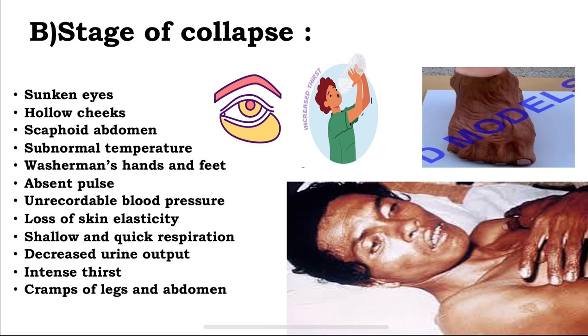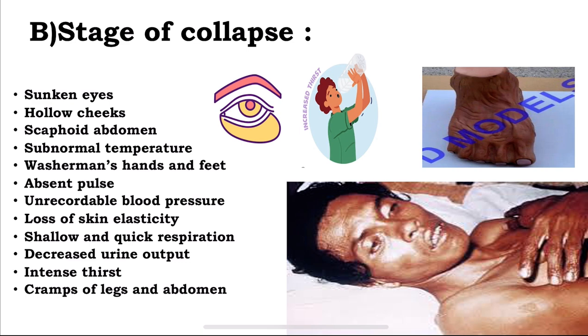The skin may appear wrinkled. It feels very cold to touch because of the dehydration, and it is known as washerman's hands and feet. And because of the circulatory collapse there is an absent pulse, and there is shallow and quick respiration. The body is struggling to maintain the oxygen levels. As a result, there is shallow and rapid breathing seen in the patient.